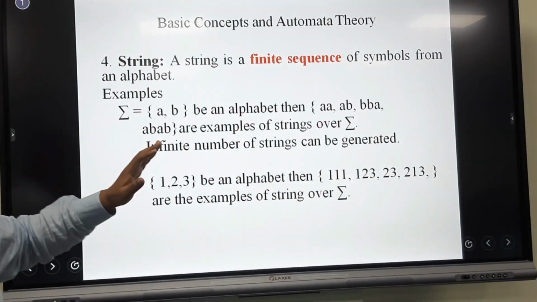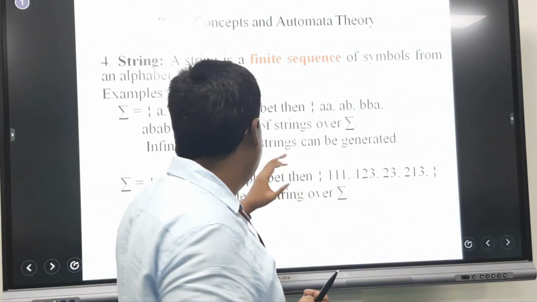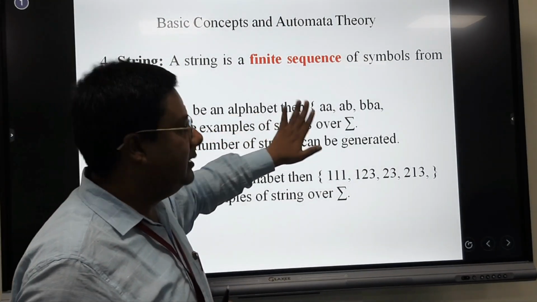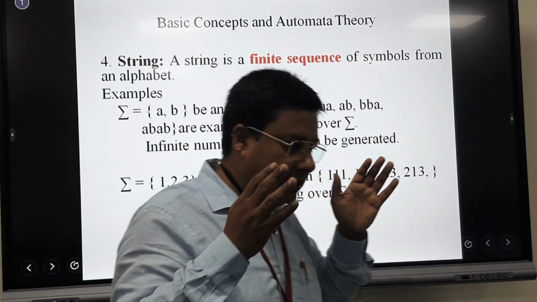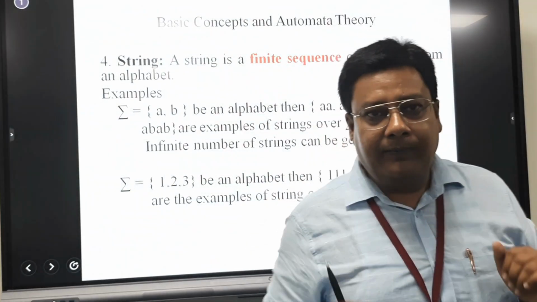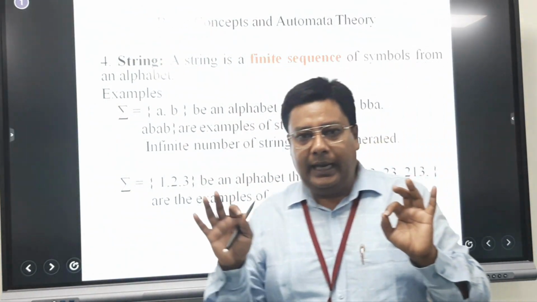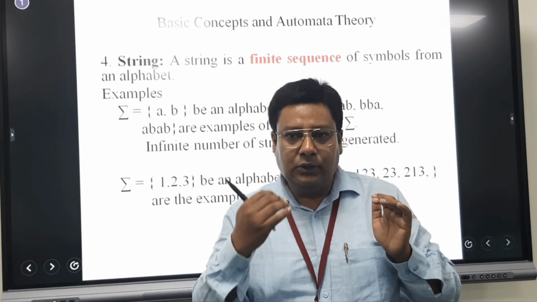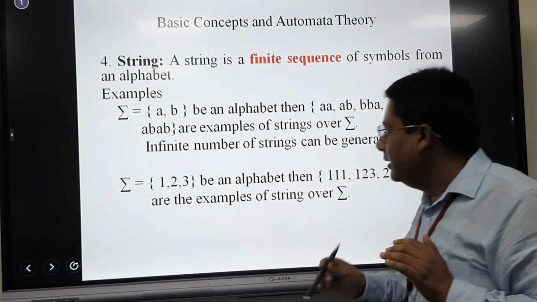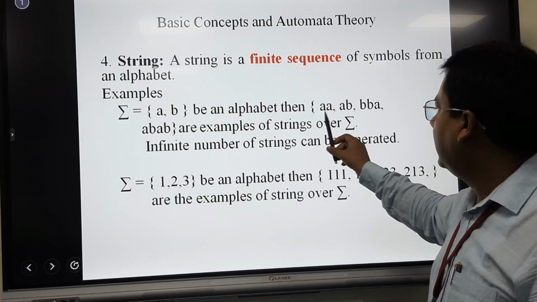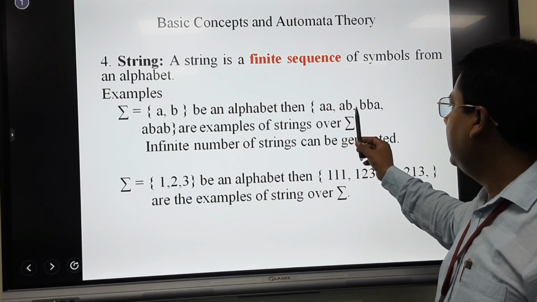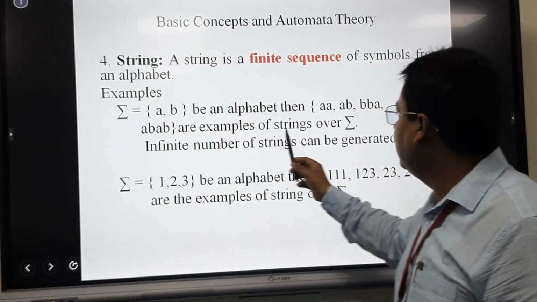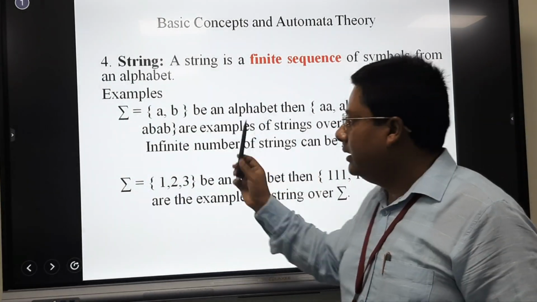For example, to make it clear, let sigma be {a, b}. Suppose we have considered only two symbols, a and b. How many strings can we design using these two symbols? aa, b, ab, bba, ab are examples of strings over sigma.